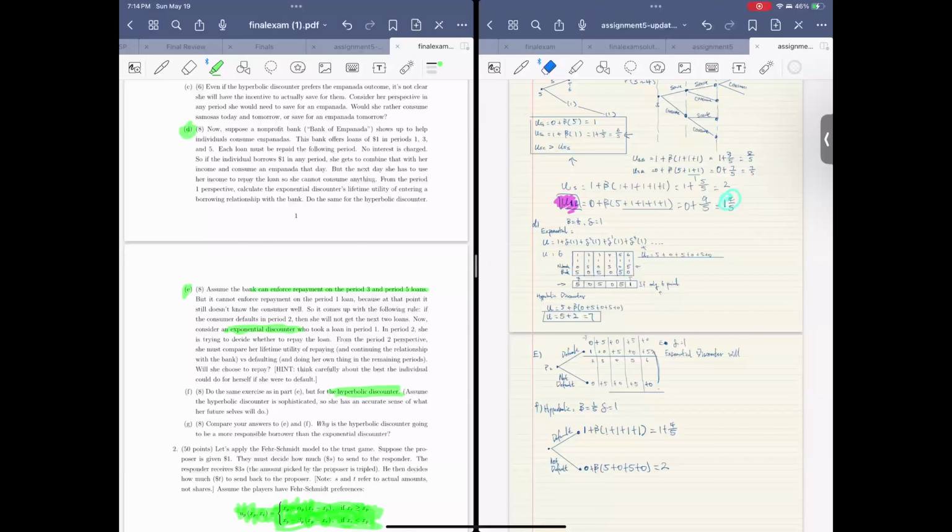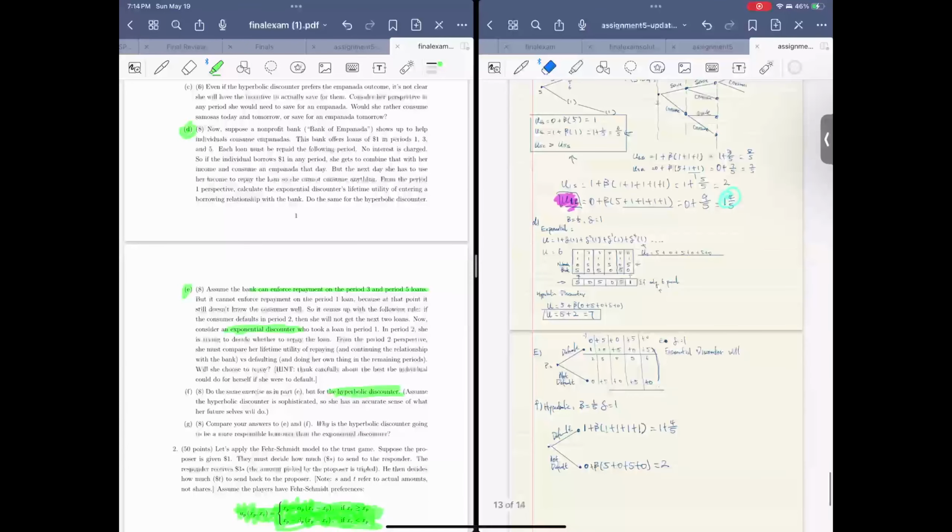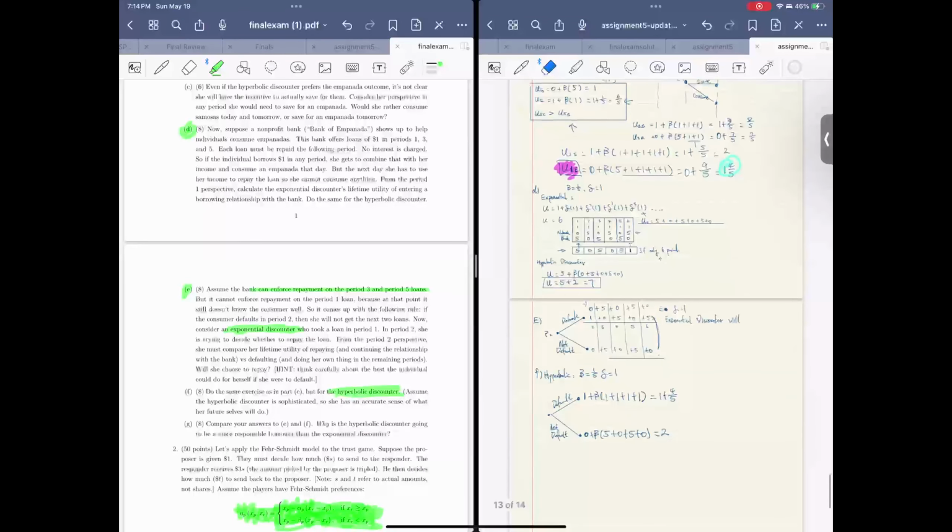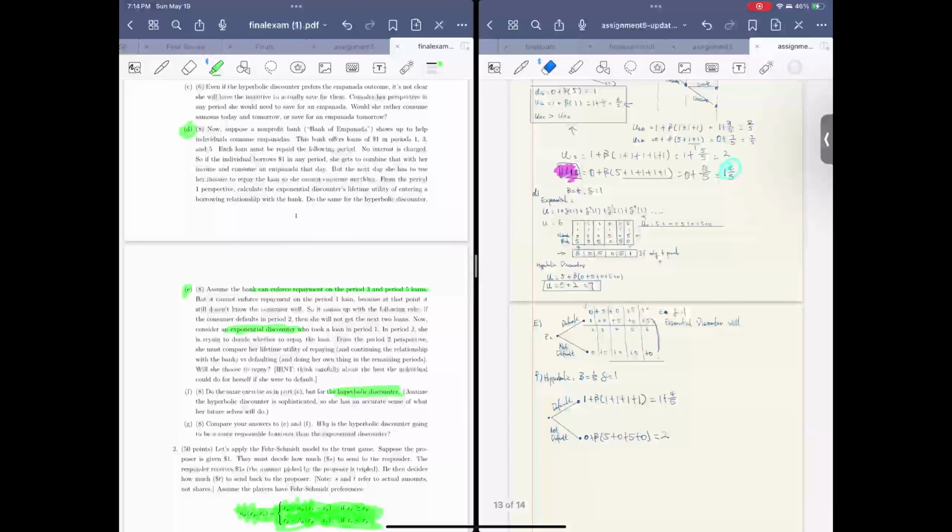Okay, if there's no question on this, G is just to explain the intuition on how the bank can, in this case, enforce the hyperbolic to follow through with their plan.